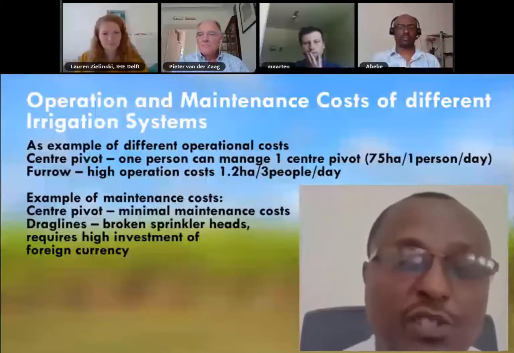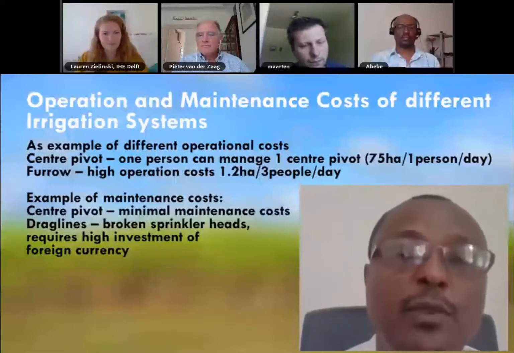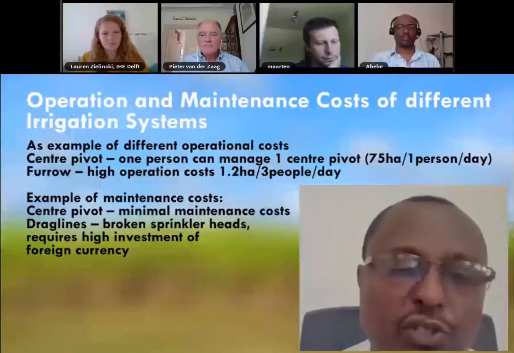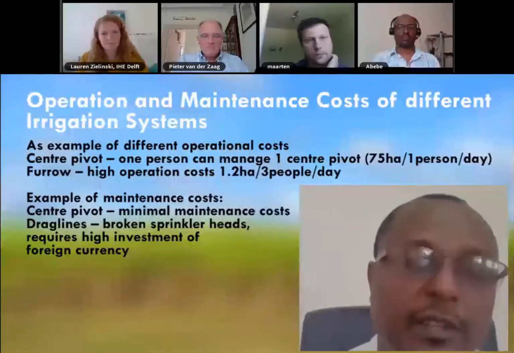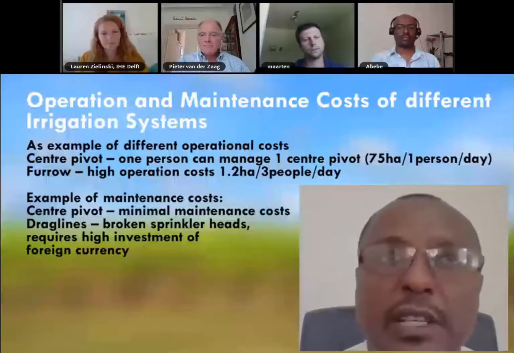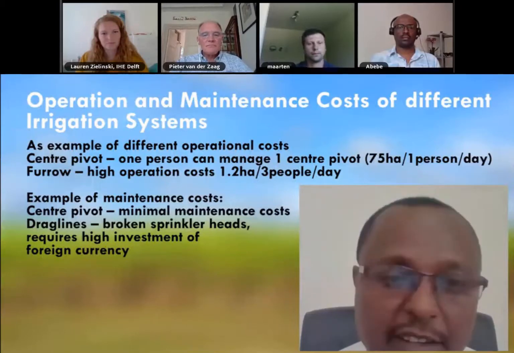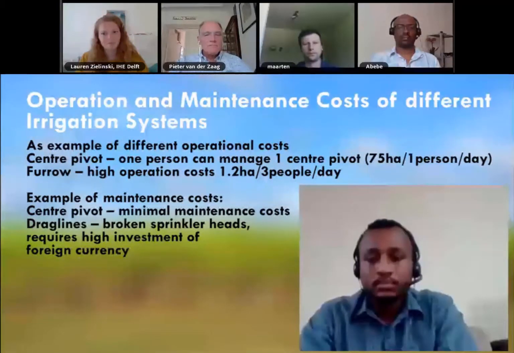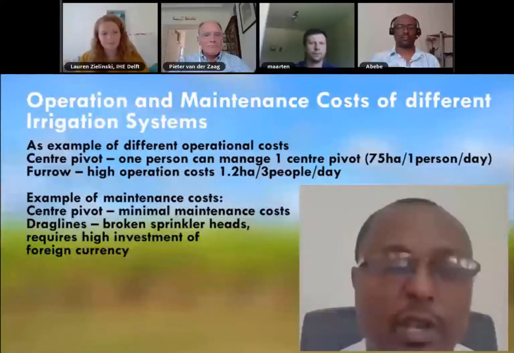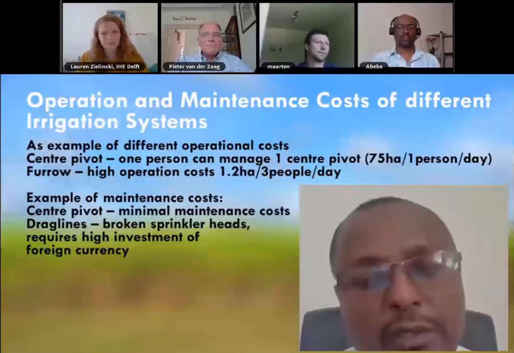Regarding spare parts, the center pivot irrigation system needs almost zero spare parts. The only thing, maybe after 1 or 2 months when the tire is reduced, we fill the air. Regarding the drag line, we break the sprinkler head and we try to exchange the hose.